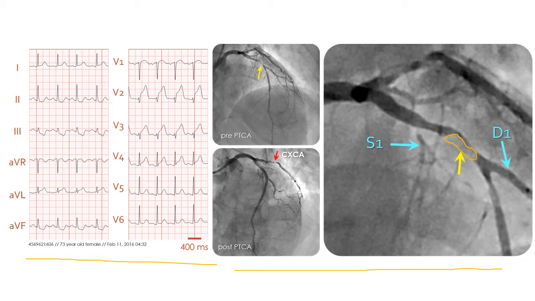We see that the localization of the thrombus was after the origin of the first septal branch, but before the origin of the first diagonal branch. In the post-PTCA frame, we see that there was an additional severe obstruction in the left circumflex coronary artery that was approached during a second procedure.